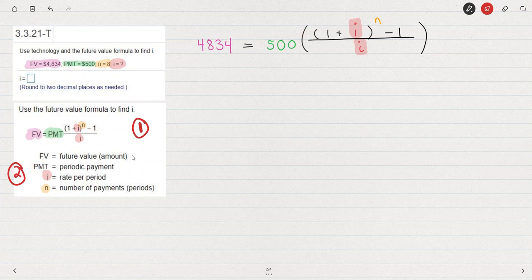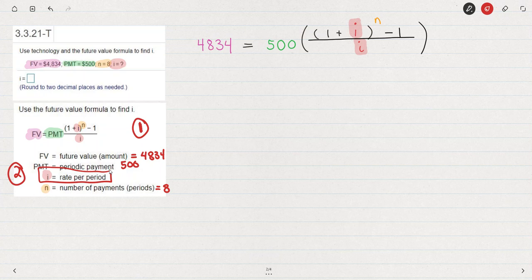Now we're given the future value of $4,834. We're given a payment amount of $500. We're given the number of payments is 8. And we don't know what the interest rate is per period yet.